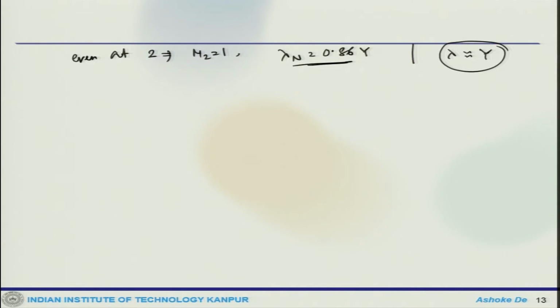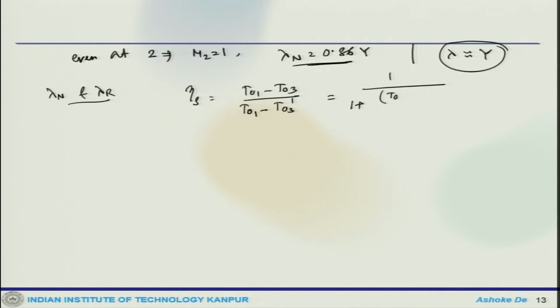Now, this lambda n and lambda r can also be correlated to the isentropic efficiency of the stage, eta s. Now, how do you know eta s? It is T naught 1 minus T naught 3 over T naught 1 minus T naught 3 prime. So, this is 1 by 1 plus T naught 3 minus T naught 3 prime by T naught 1 minus T naught 3.